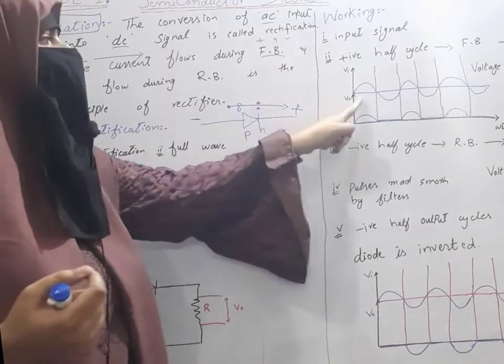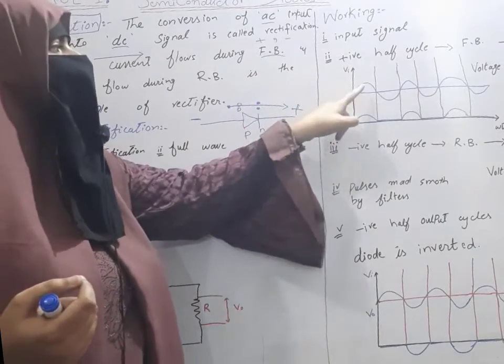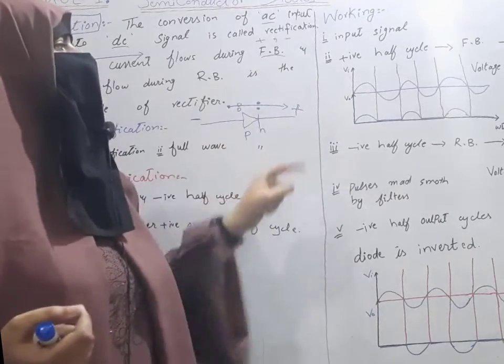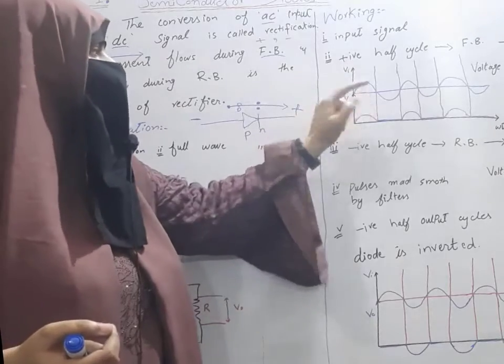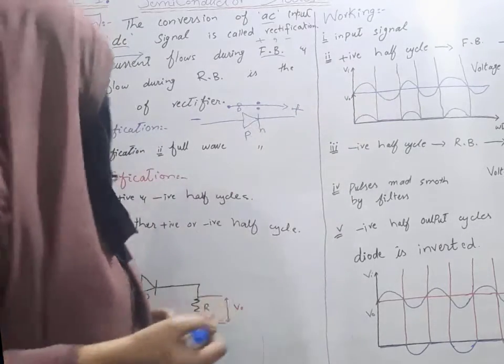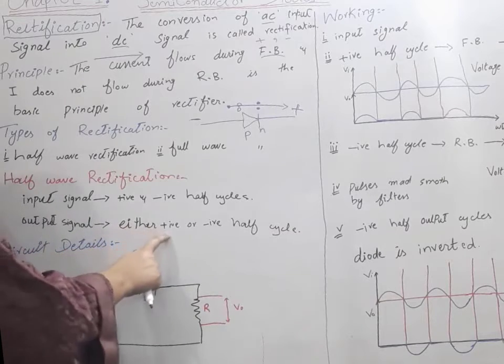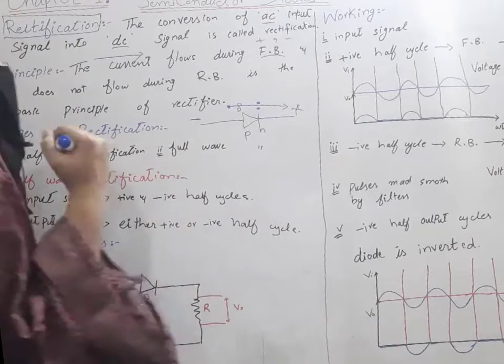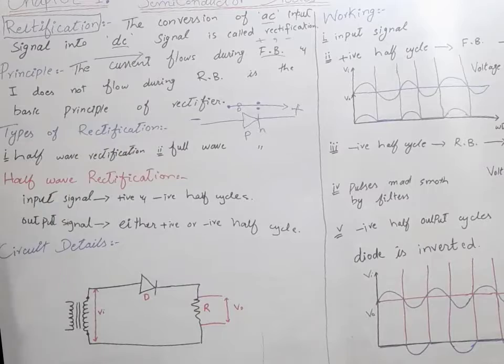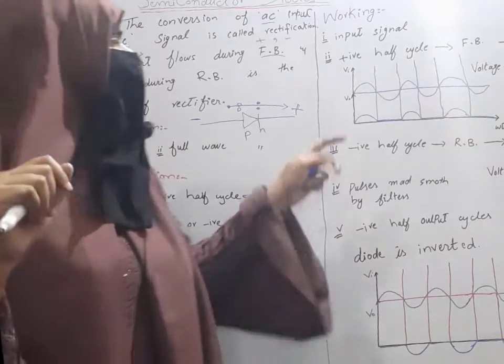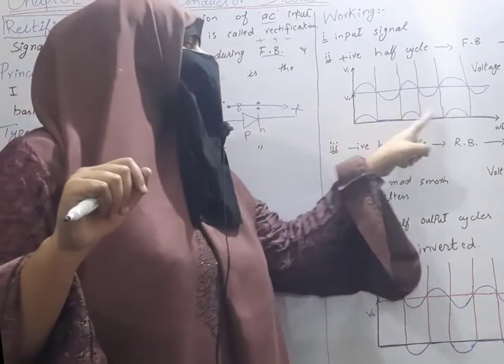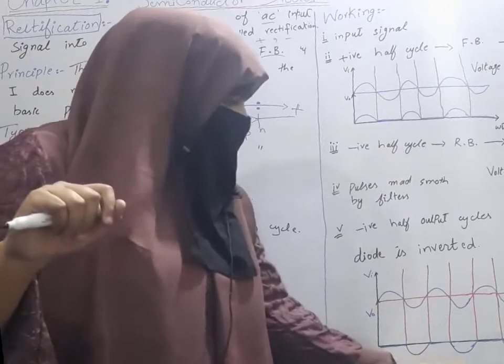This is our input signal, an AC signal, and it contains both positive half cycles and negative half cycles. But the output signal will contain only either positive half cycles or negative half cycles.